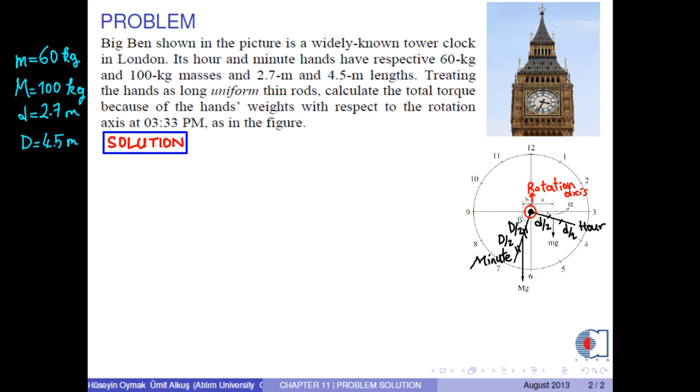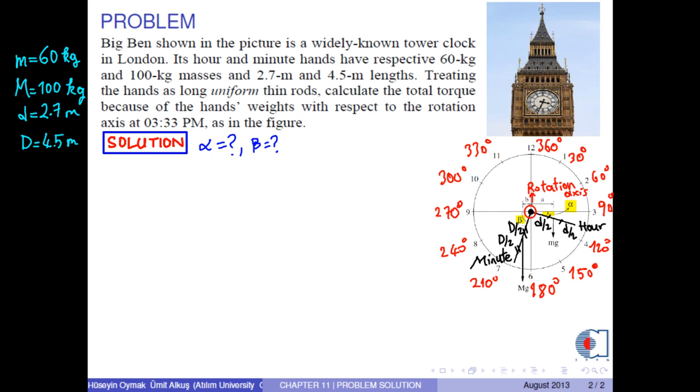First of all, let us find angles alpha and beta. The angle corresponding to each hour can be depicted as follows. Now consider the hour hand.